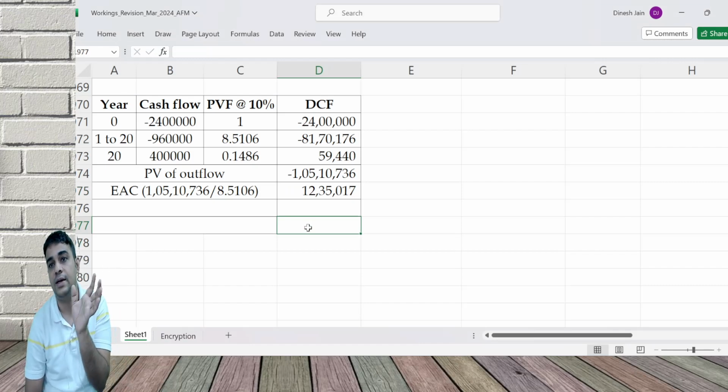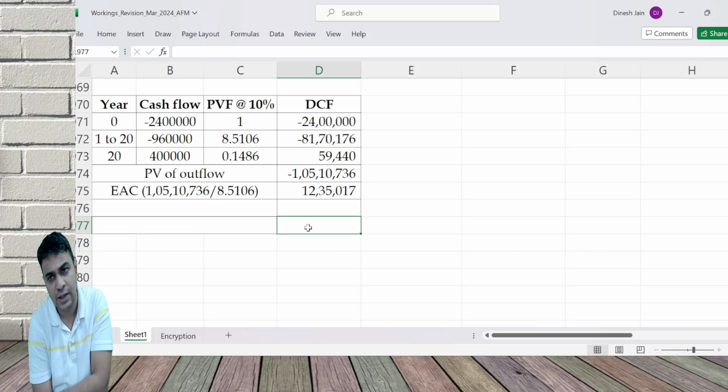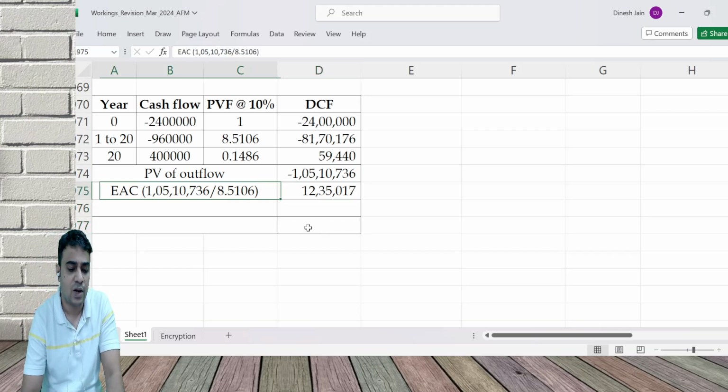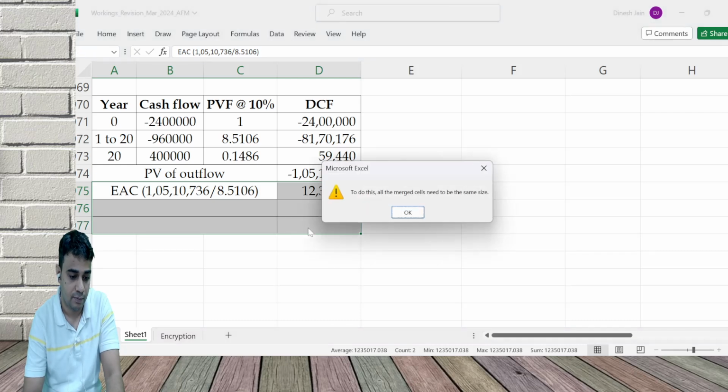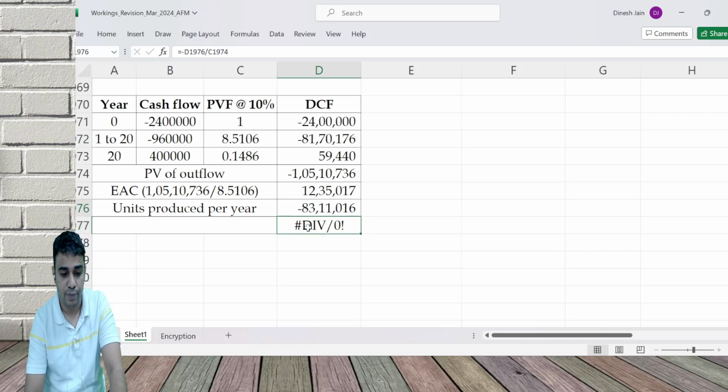In an exam situation, many students left it at this stage and said, I'll decide based on EAC. No, you cannot decide based on EAC, because A could be producing less and B could be producing more. Do the calculation and tell me units produced per year. Please do proper calculation.